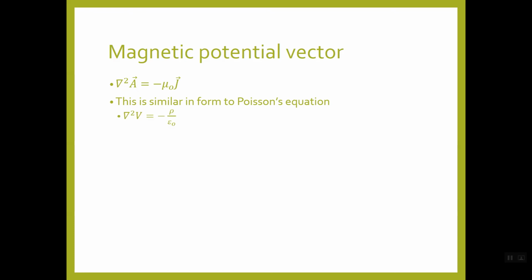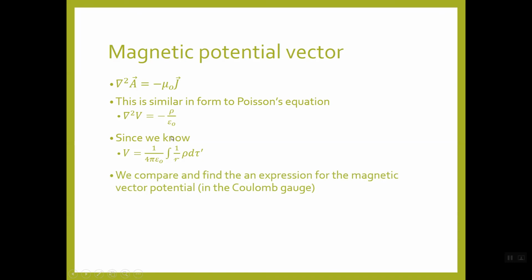If you remember, Poisson's equation was the Laplacian of our electric potential equal to minus rho over epsilon naught. And since we know the electric potential is equal to 1 over 4 pi epsilon naught times the integral of 1 over r rho d tau, we can compare these two.